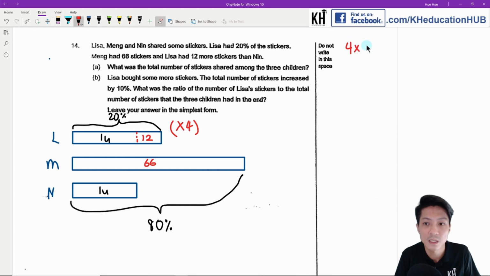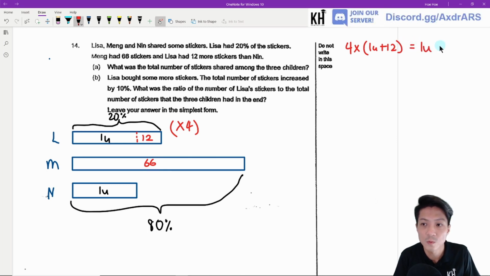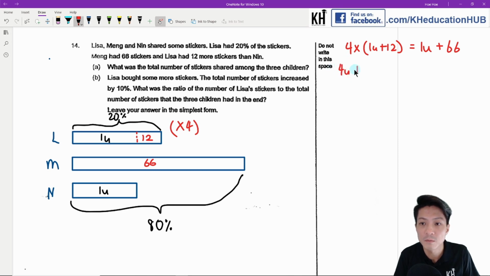Okay, 4 times 1 unit plus 12 is equals to 1 unit plus 66. Okay, the 1 unit plus 66 is the 80% here. So 4 unit plus 48 is equals to 1 unit plus 66.